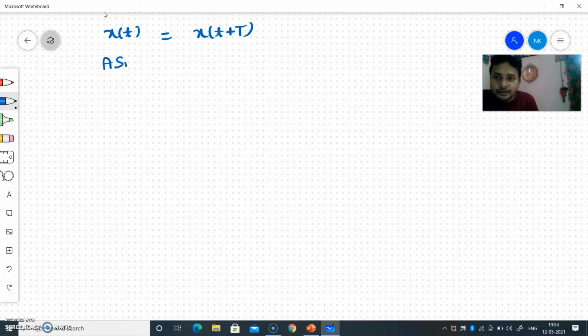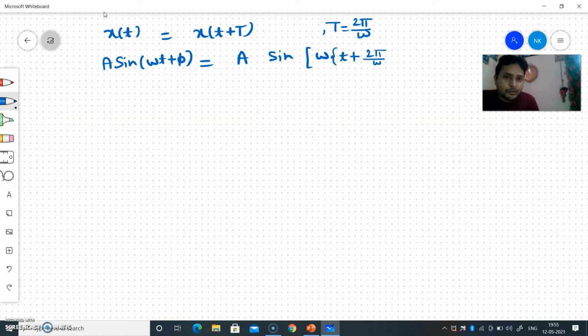Here, A sin(omega t plus phi) is equal to A sin omega, where I have put T equal to 2 pi by omega, so this will be omega t plus 2 pi by omega, plus phi. Then sin(A plus B), you just expand it. This will be A sin(omega t plus phi) plus 2 pi.